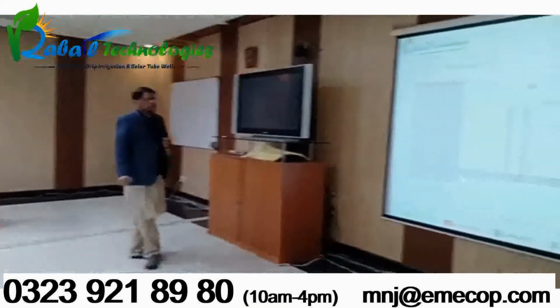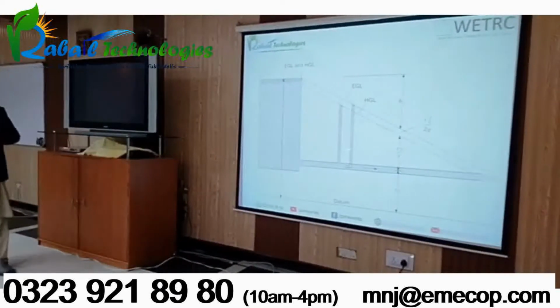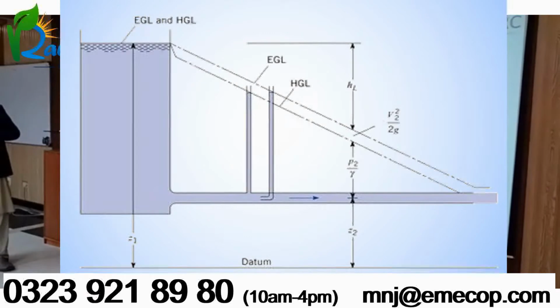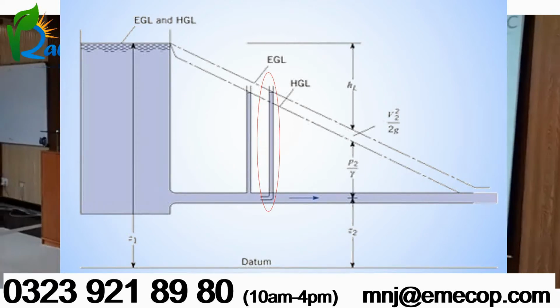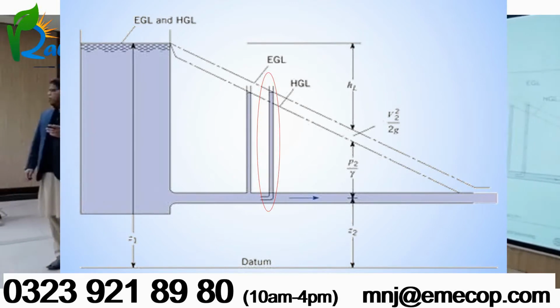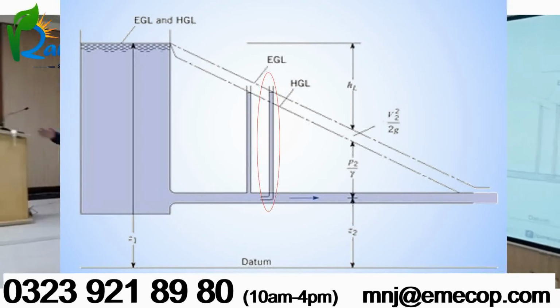You must have seen these graphs in your textbook. Just mentioning here that if we have a simple tube installed at the pipe, the water will rise to a certain height. That height is called the hydraulic grade line. But if you have a pitot tube like that, water will rise to a level slightly higher than in a simple tube, because now it includes the velocity head as well.